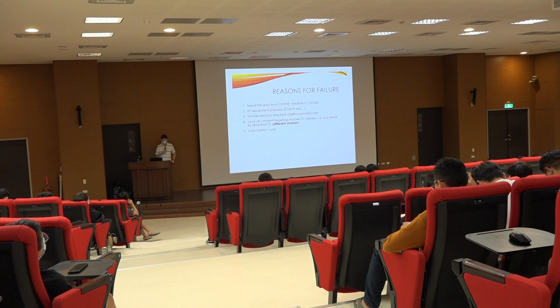One part was separate spectrum. Solutions such as terrestrial DMB, MediaFLO, and S-DMB required separate radio spectrum. Now, what did we say at the beginning of our talk today? Radio spectrum is a very precious and expensive resource, and service providers do not want to waste it. Another reason for failure was it required separate hardware. The initial DVB-H handset and similar solutions required dedicated hardware to decode the video.